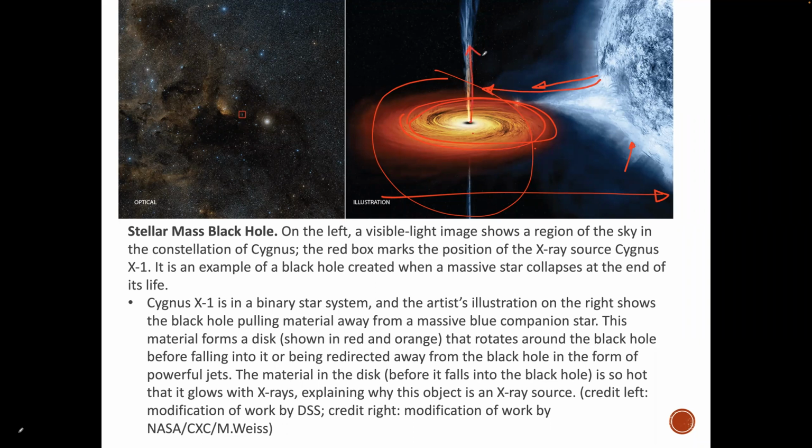Once you detect these X-rays with an X-ray telescope, you can conclude that there is a black hole. So this is one way of detecting a black hole. Of course, there are other ways of detecting black holes as well.